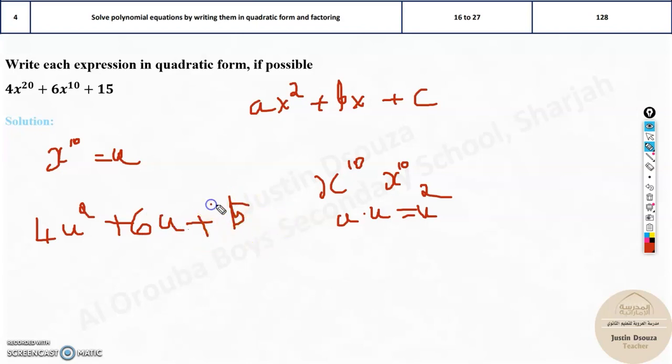Sorry for that bad crooked 15. Don't you think now this is a quadratic form? It is 4u squared plus 6u plus 15. It's a quadratic form. Now we need to factor it out. We need to reduce it as much as possible.